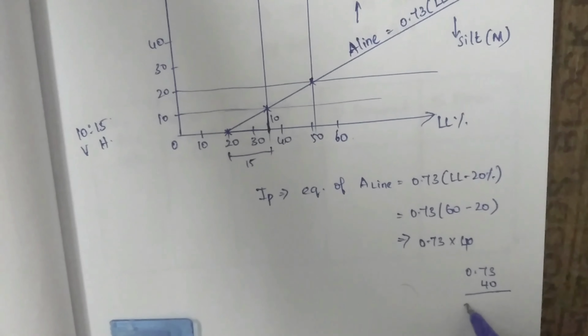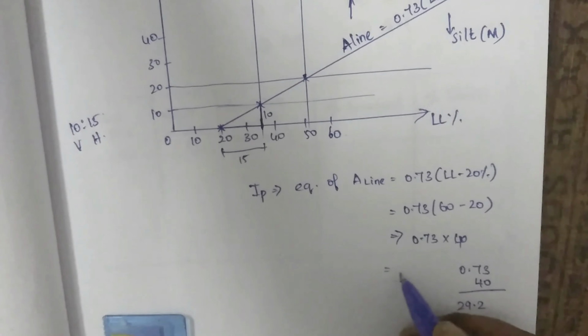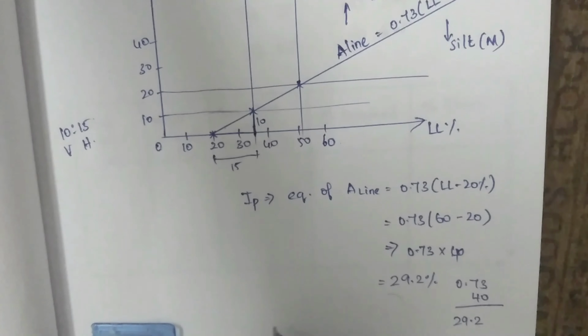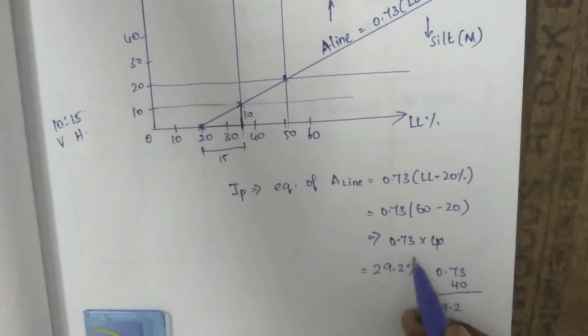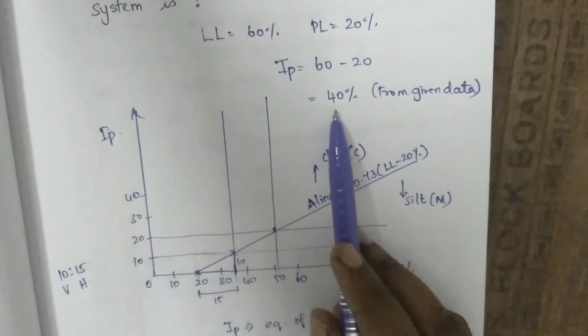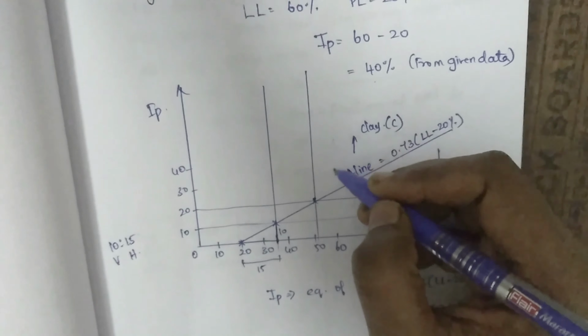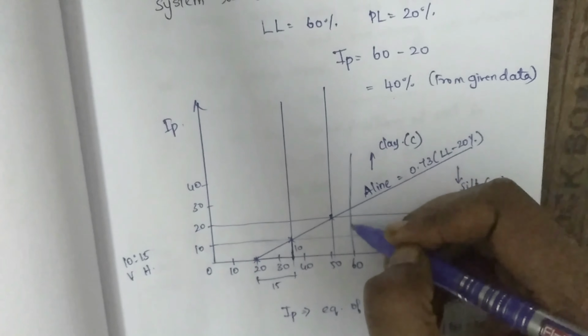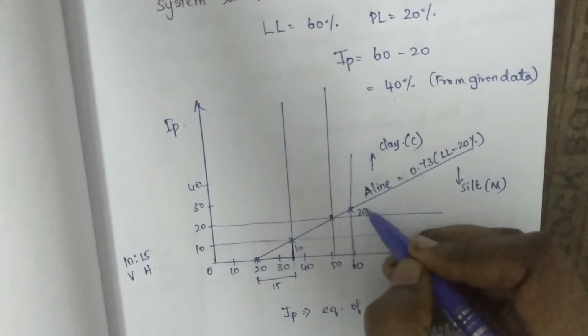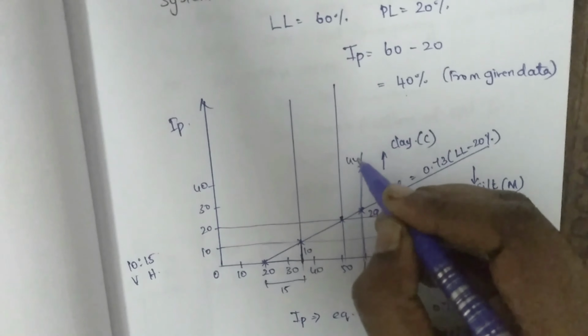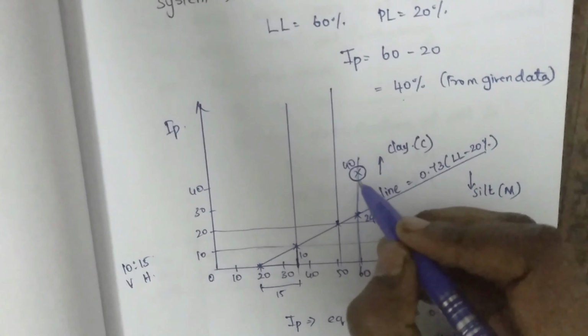We'll be getting 29.2%. So this is from the equation and this is from the given data. In the equation, against the 60% of liquid limit, we have 29.2, whereas 40 is above. So this is the required point.